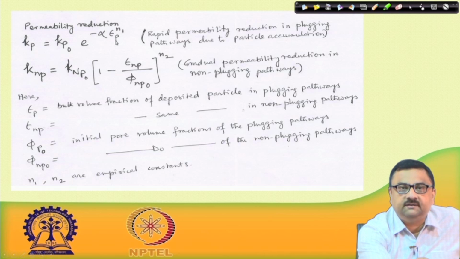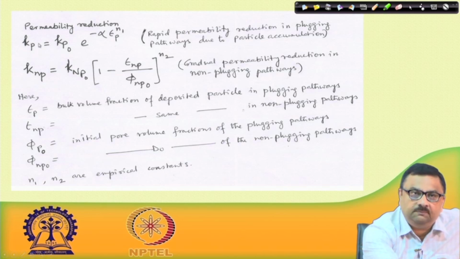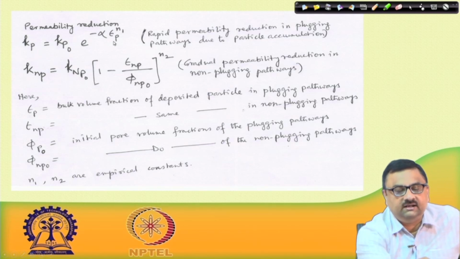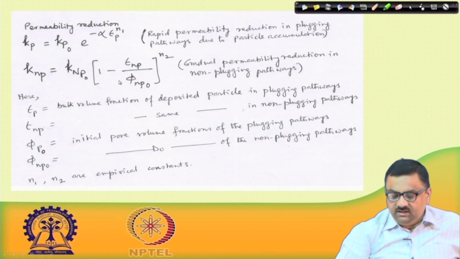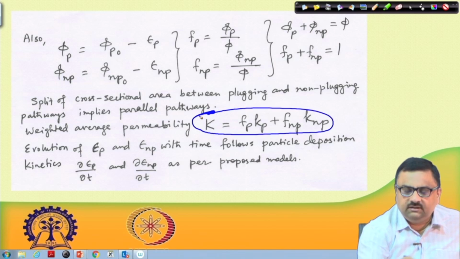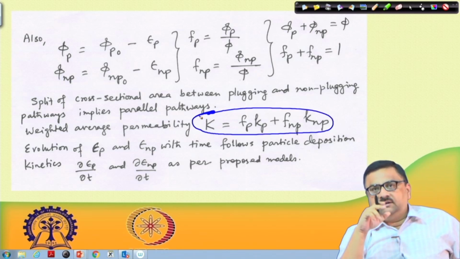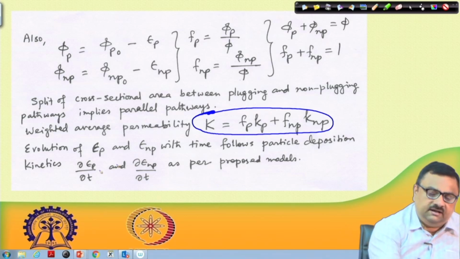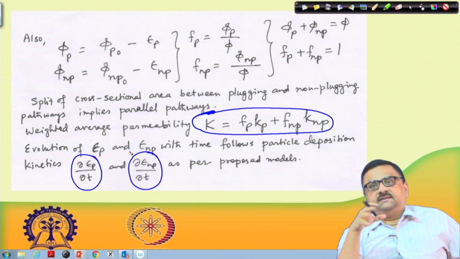One can find how the plugging pathway permeability and non-plugging pathway permeability change with time, because these are directly related to F sub p and F sub Np, and then find the net permeability of the system. So, how the total or weighted average permeability changes with time as the flow continuously goes through this porous medium. It is critical that one has a clear understanding of del F sub p del t and del F sub Np del t.